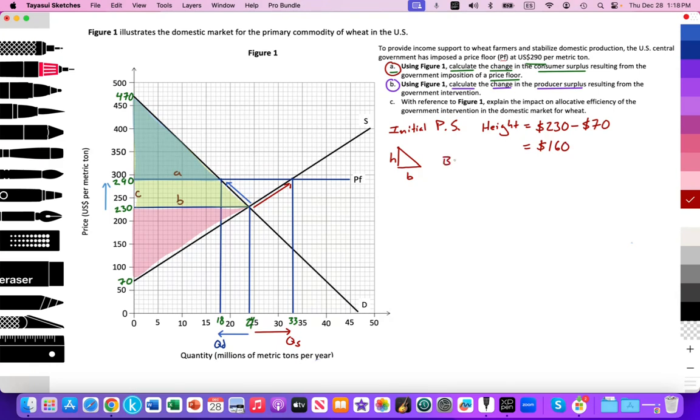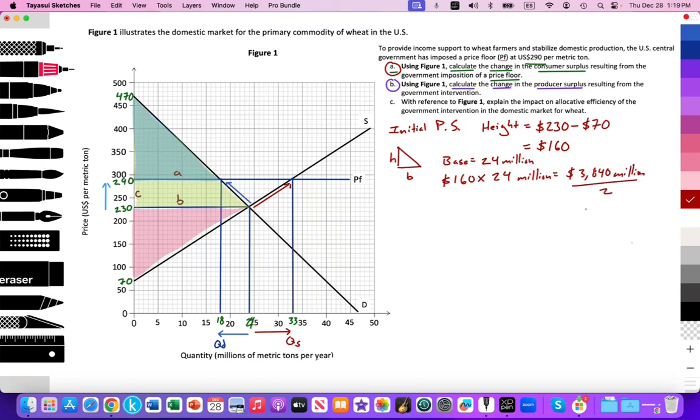The base is going to be equal to, here we can clearly see, the free market quantity of 24 million. Fine. So base times height. So I'm going to take 160 times 24 million. And that's going to equal 3,840 million.